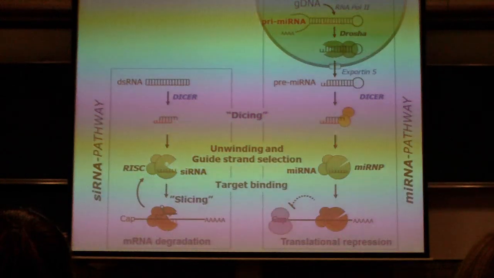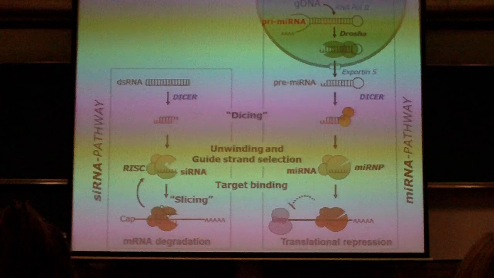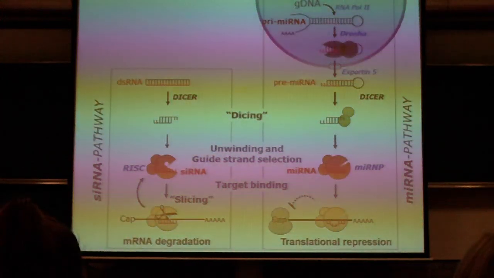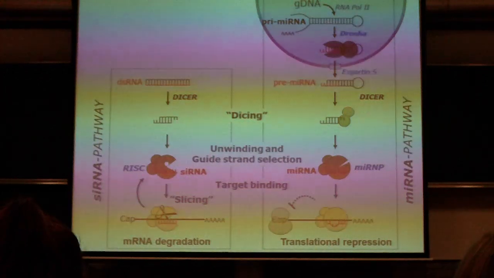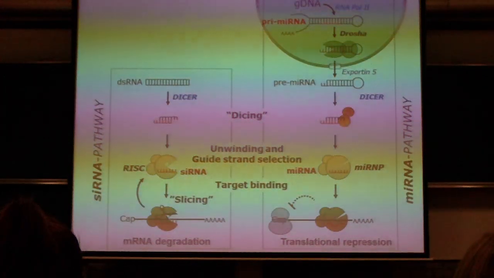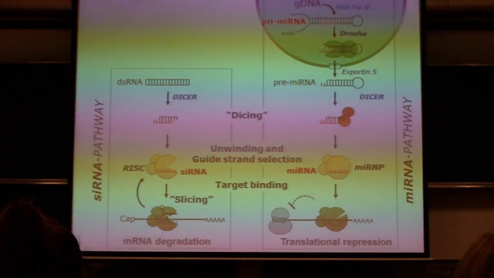In the case of the microRNA, the binding between the microRNA and the messenger RNA will mostly not be fully complementary. There will always be some wobble base pairing inside.